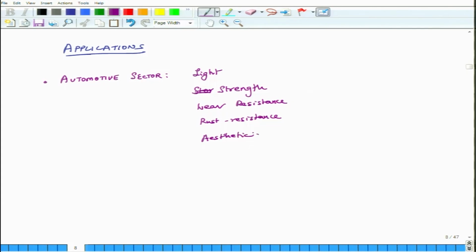For instance, a lot of times some outside skins of cars may have a Kevlar coating, because it has a yellowish brownish hue, and then you will see the fibers, so it gives a very fancy look. Or sometimes graphite fibers are used to make the skin of cars and things like that, so that it looks different and prettier.